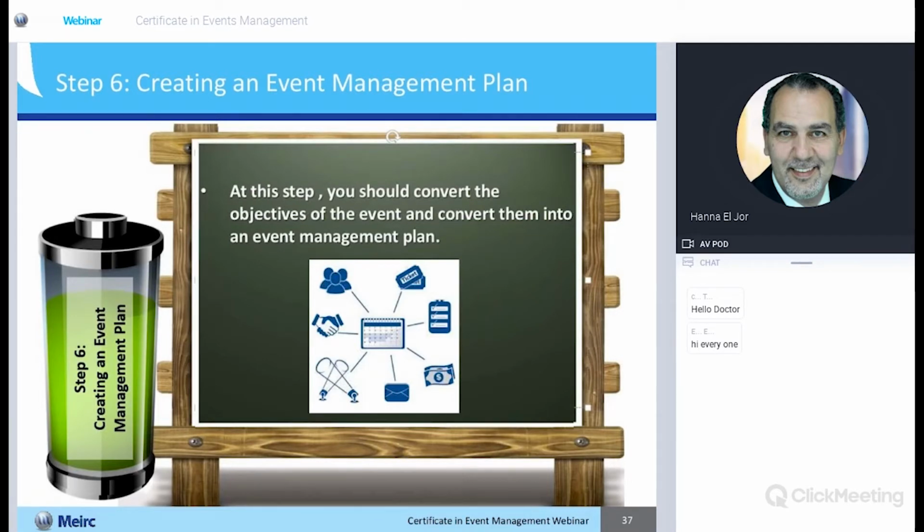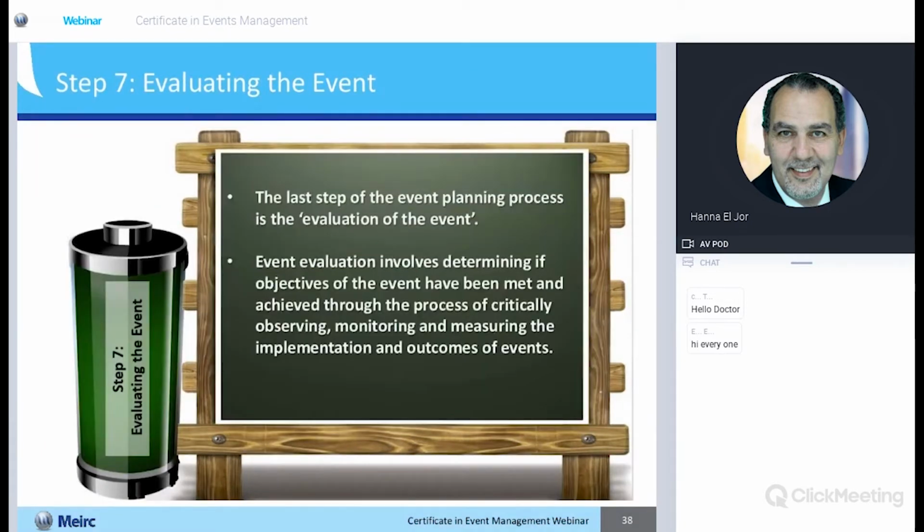As we said, one of the steps should be creating an event management plan. Okay. Also going through the POLC, you should convert all of the objectives, the SMART objectives that we talked about. They need to be converted and set into your event management plan. This is a very important part.